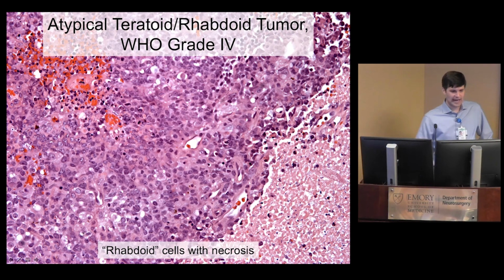So, atypical teratoid rhabdoid tumors. These are WHO grade 4 again. And what do I mean by this rhabdoid tumor cell? So we see these enlarged nuclei with extremely prominent nucleoli. The cells are staring back at us. And then they'll have these rounded eosinophilic concretions in the cytoplasm, which is what gives it its rhabdoid name.